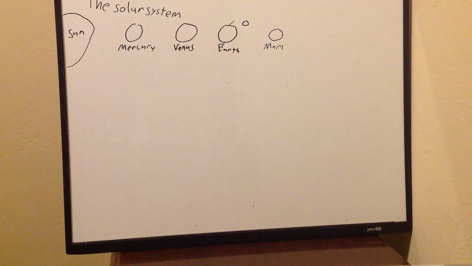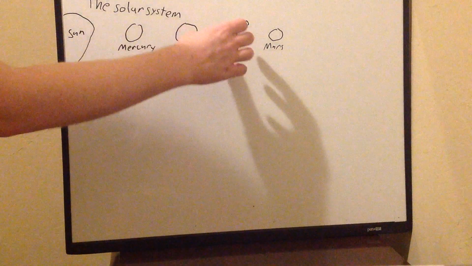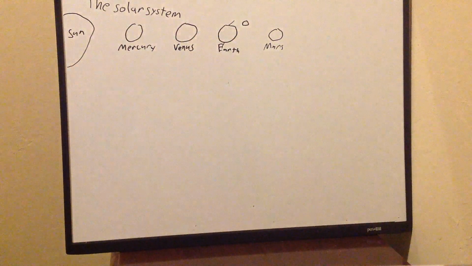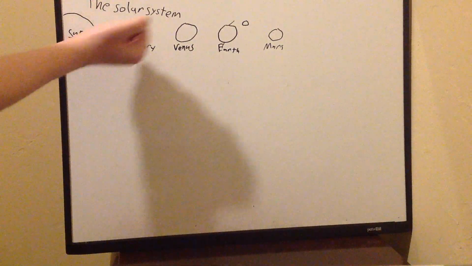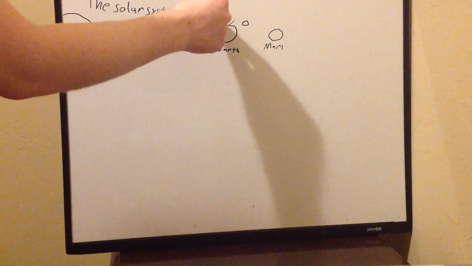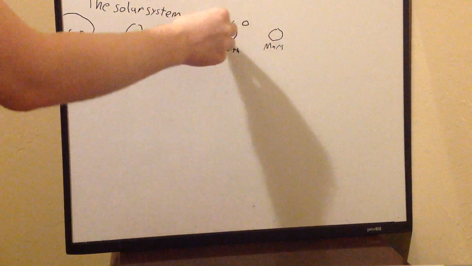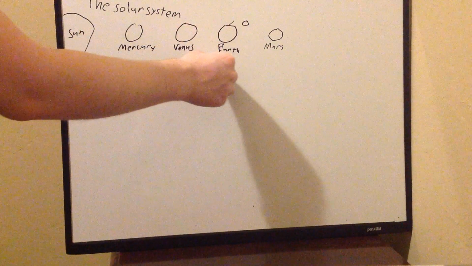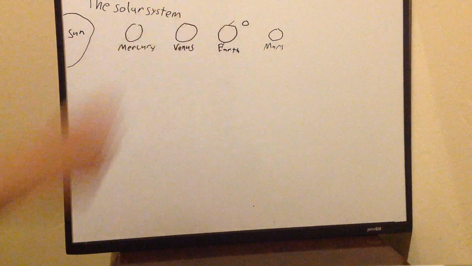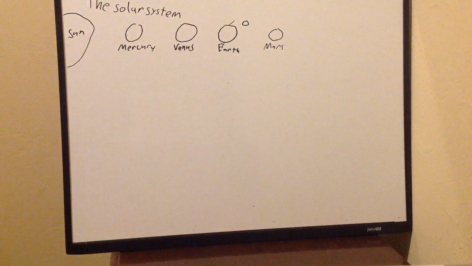But Earth's magnetic field is able to exert a force on those charged particles, and instead of hitting Earth head-on, they get spun around and hit the Earth in the polar areas. That's what the Aurora Borealis is.